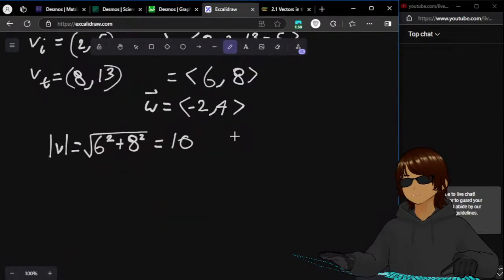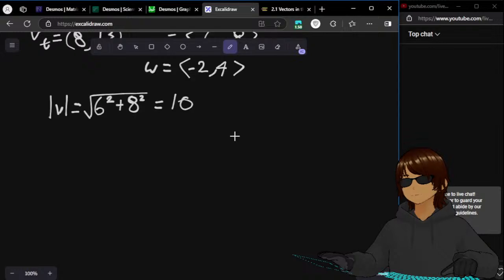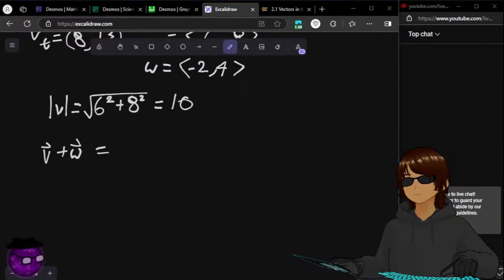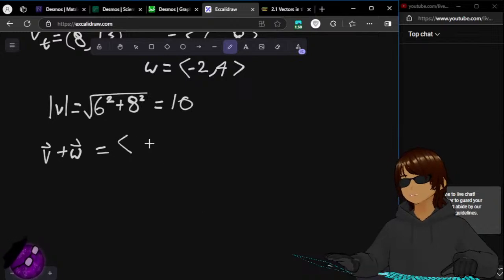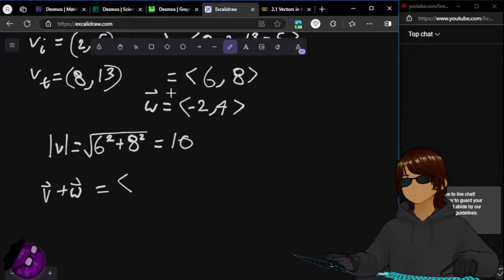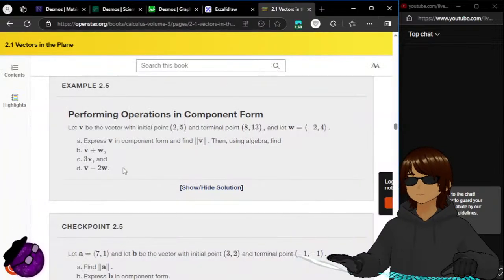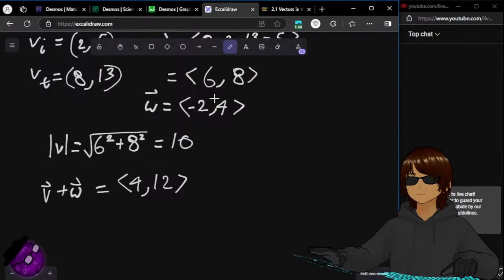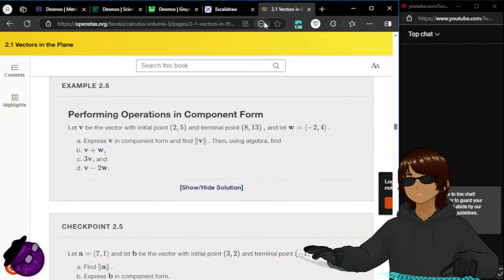v plus w. I'll bring that back. You just need to add the x components. So 6 plus -2 is 4, then 8 plus 4 is 12. 3v, we multiply these by 3.